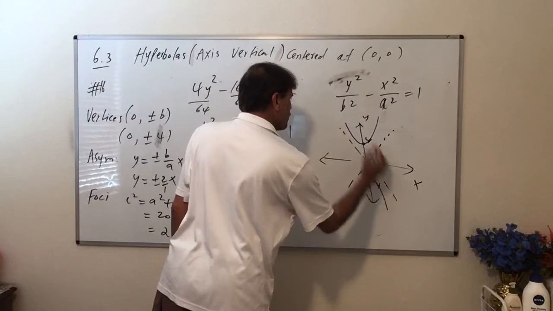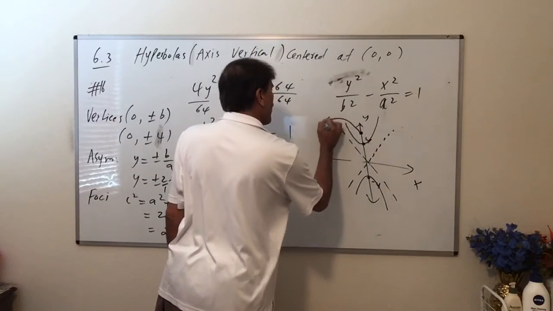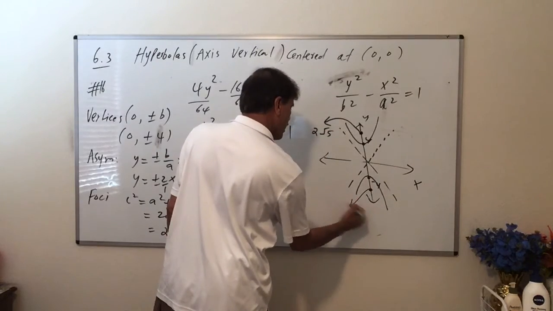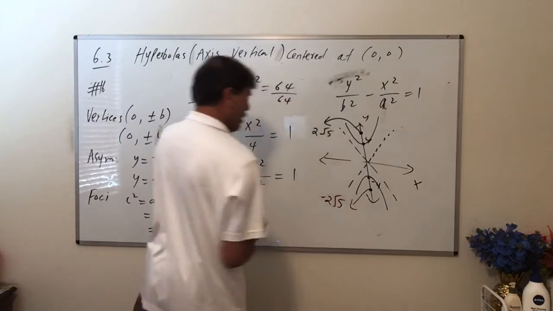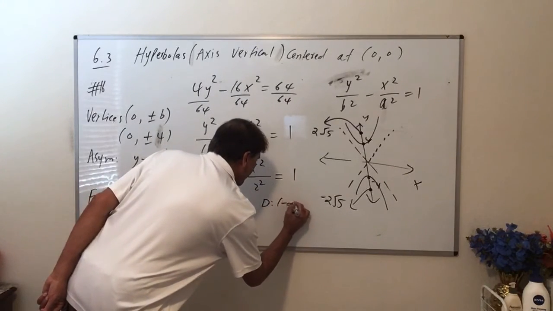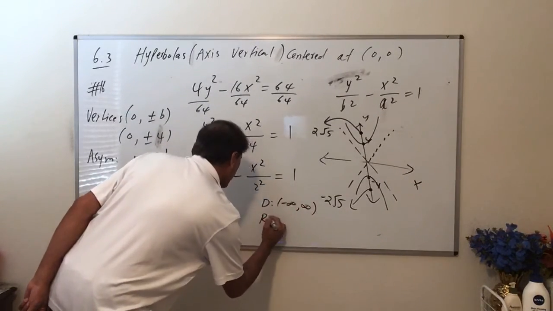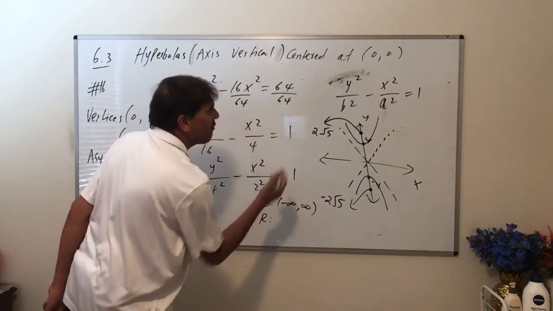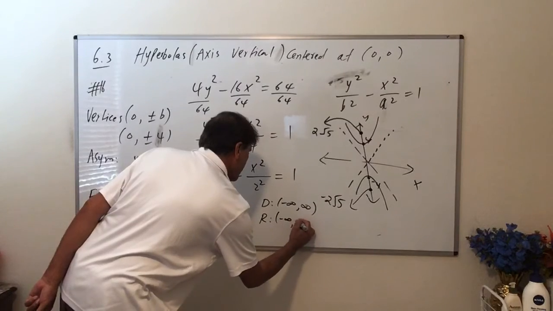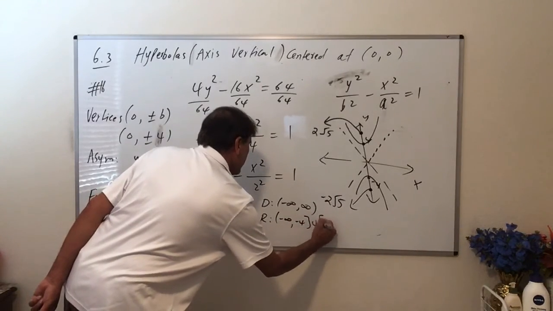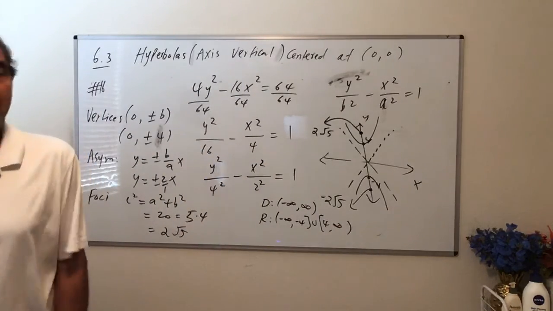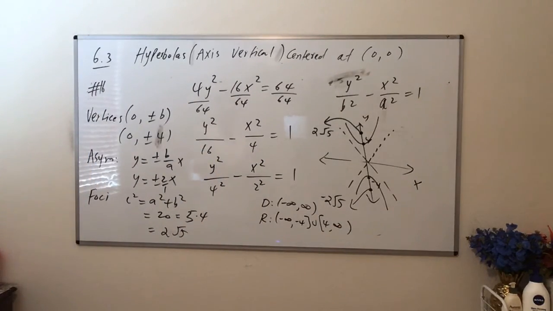Here are the foci: the first one is 2 root 5, and the second one is negative 2 root 5. In this case, your domain is negative infinity to positive infinity, and the range is between negative 4 and 4, but there's a gap. So negative infinity to negative 4, union positive 4 to positive infinity. Okay, that is your graph, the vertical one.